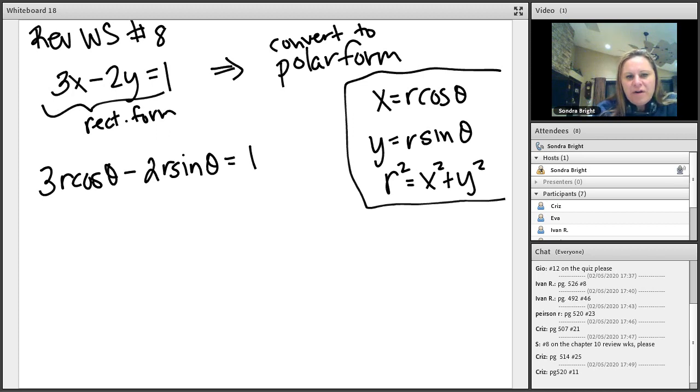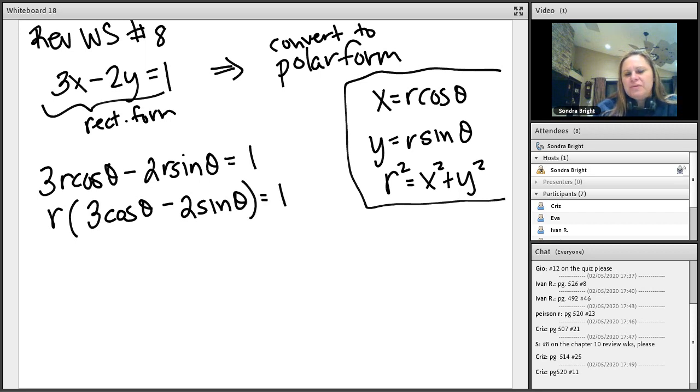This one just has one r that's in common to both terms, so you can totally factor out the r, and you would be left with 3 cosine theta minus 2 sine of theta, and then divide both sides by that. So your answer would be r is 1 over 3 cosine theta minus 2 sine of theta.